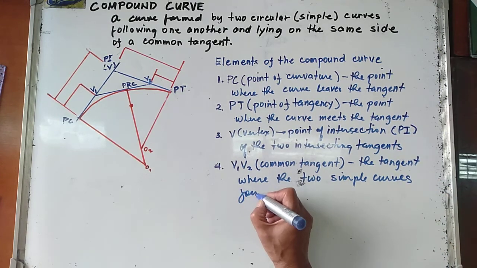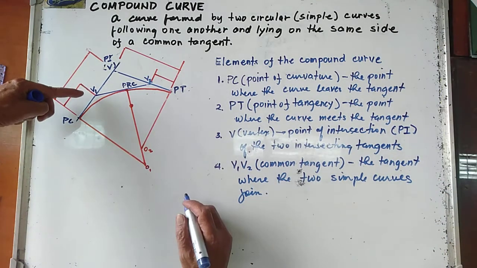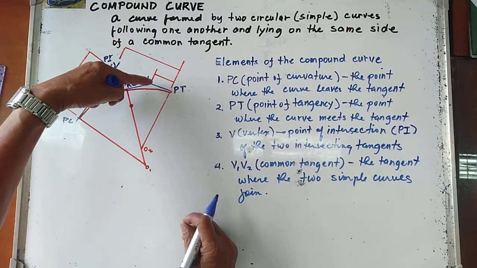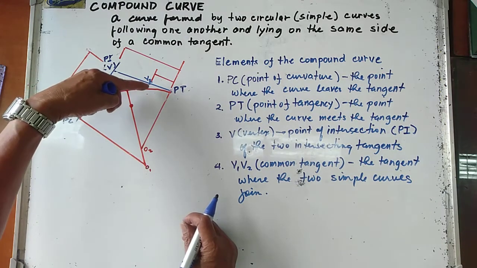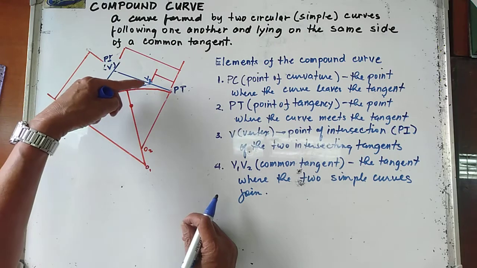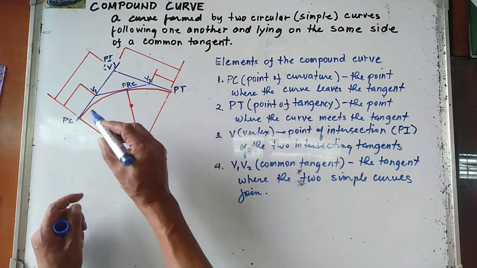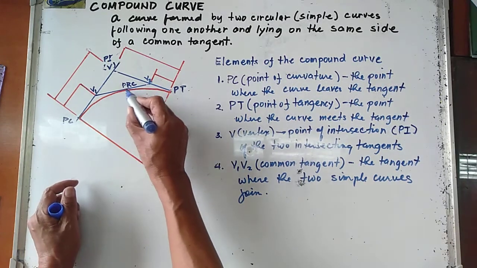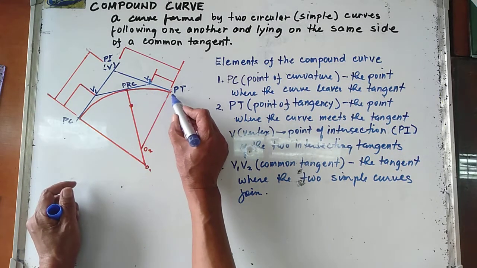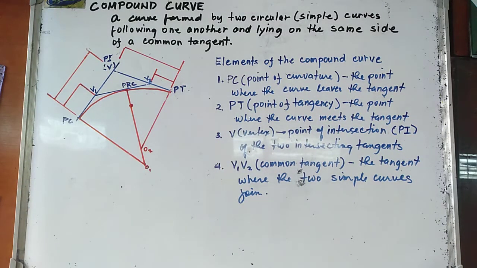This is the tangent where the two simple curves join. We have the first simple curve and the second simple curve.